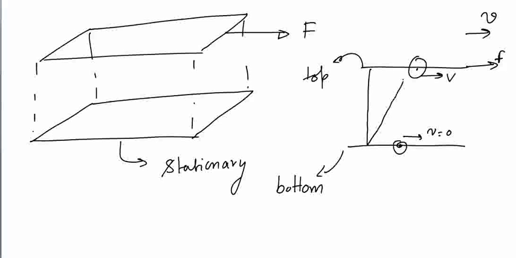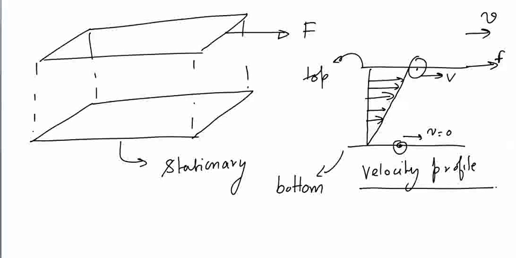So this type of diagram will come into picture, which is known as the velocity profile. Velocity profile is the relation between velocity and y, where velocity is a function of y. The velocity is in the x direction.